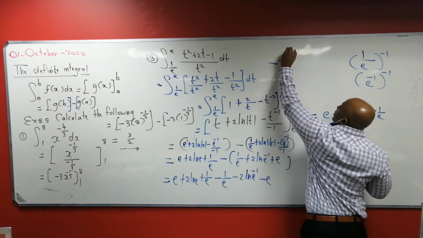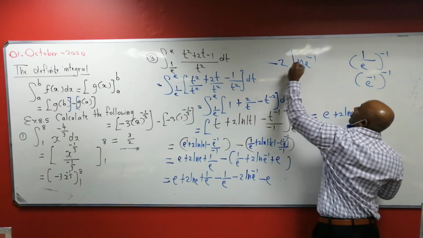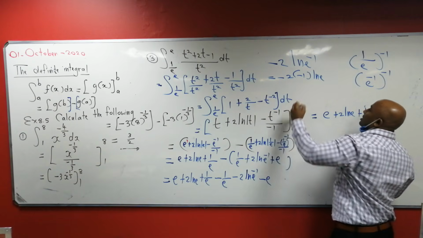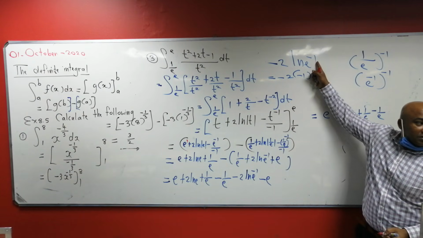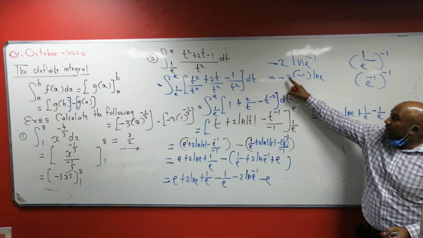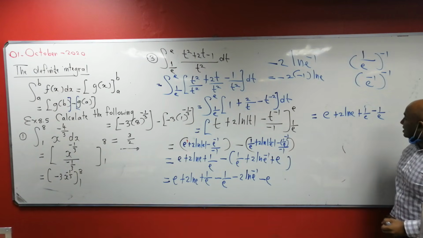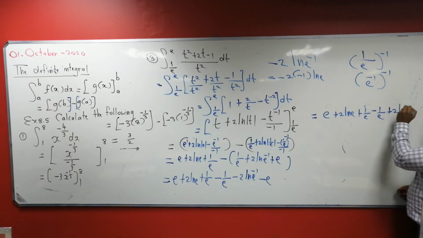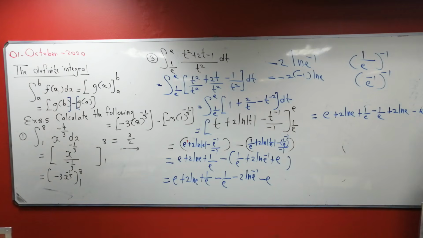So I've got minus 2 ln e to the power minus 1. I can bring down my exponent. If you have an exponent, log laws, you can bring it down, you can take it back up. So what happens is negative and negative becomes a positive, so that becomes plus 2 ln e minus e. Right.